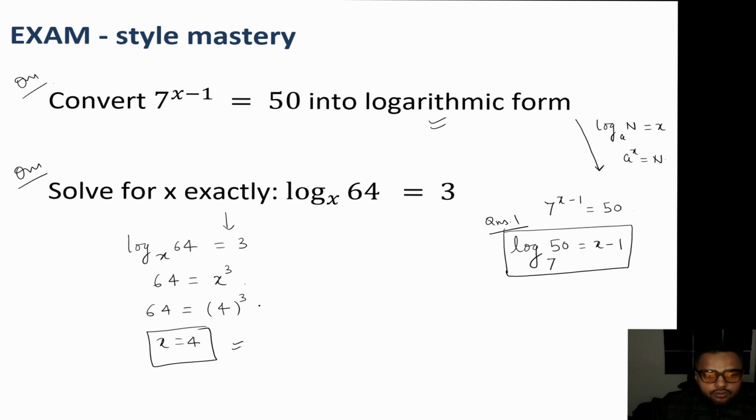If you are not able to do this part, we can directly factorize it like this, and then we can solve it further. See, this is a factor of this 64. Three times we can write it, and we can directly write the value of x equals to 4.